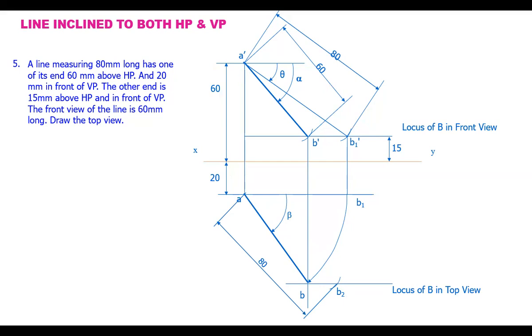When it is parallel to HP, the true length is visible in the top view, and the true inclination with VP is also clearly visible. Now, join AB2, and this angle is the angle with the VP, phi. Like this, we have drawn the final projections and are able to find theta and phi, the angles with HP and VP.